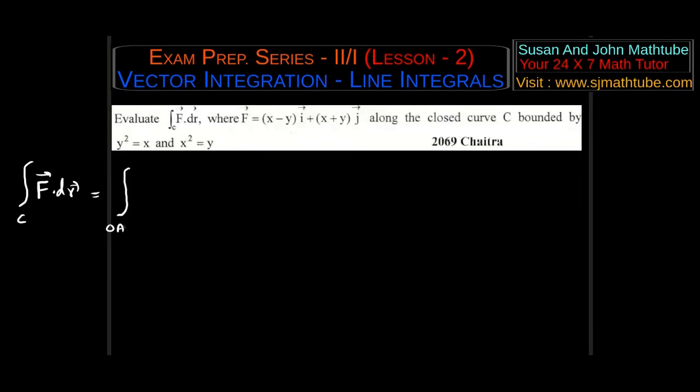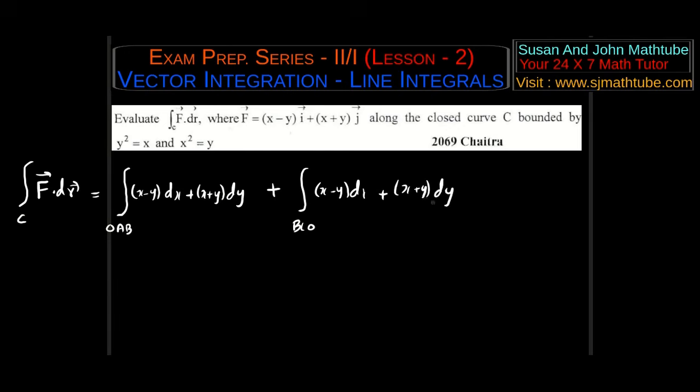So OAB plus the integral over BCO. And F dot dr is (x minus y) dx plus (x plus y) dy. And the same thing, (x minus y) dx plus (x plus y) dy.